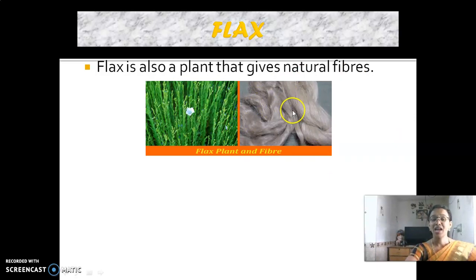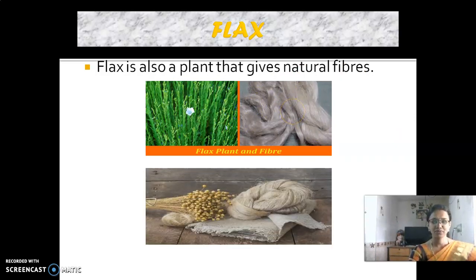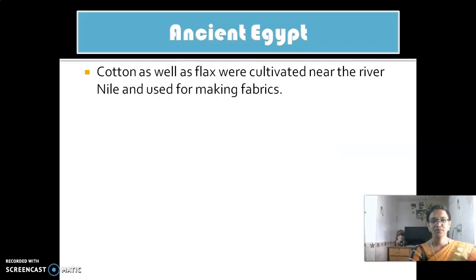Flax plant and the fiber which is obtained from that plant. Okay, children. And then ancient Egypt. So cotton as well as flax were cultivated near the river Nile. So in Egypt also the cotton and the flax were cultivated, and the people who lived there also started to wear cloths.